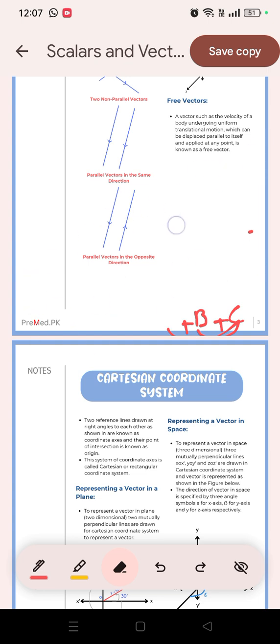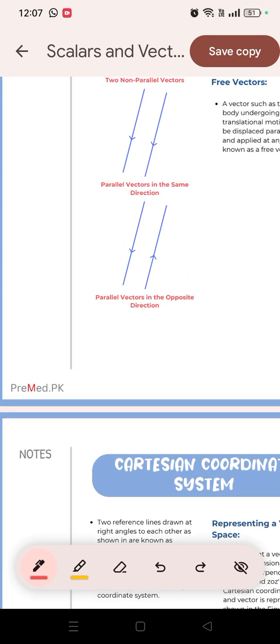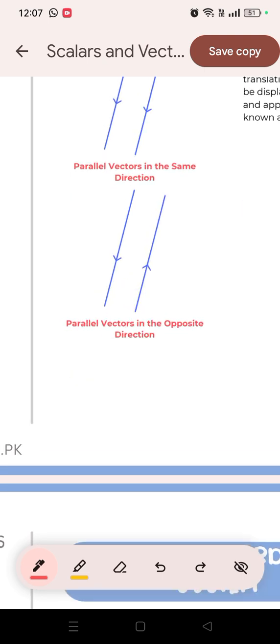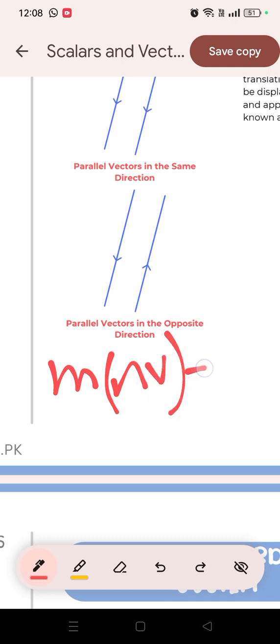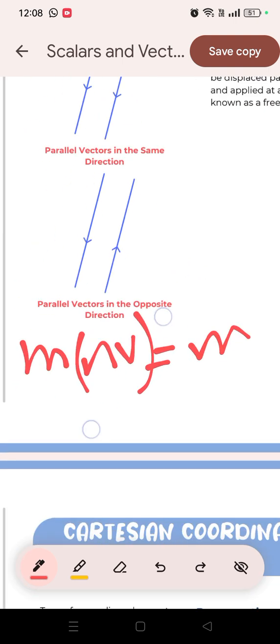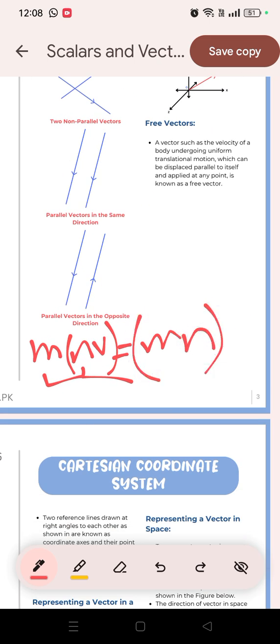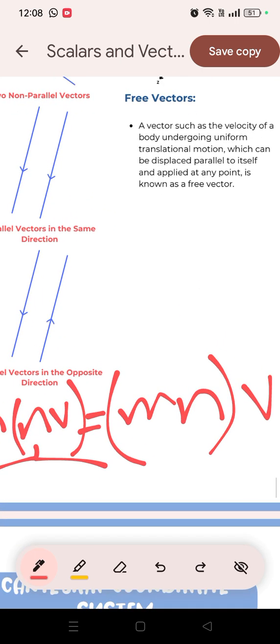We also have another term, that's called the distributive law. So the distributive law is different. The associative law was simply like if I write M and N times V, this would be equal to if I simply write these both quantities, M and N, which would be multiplied with V. This was about the associative property, but here we are talking about the distributive property.